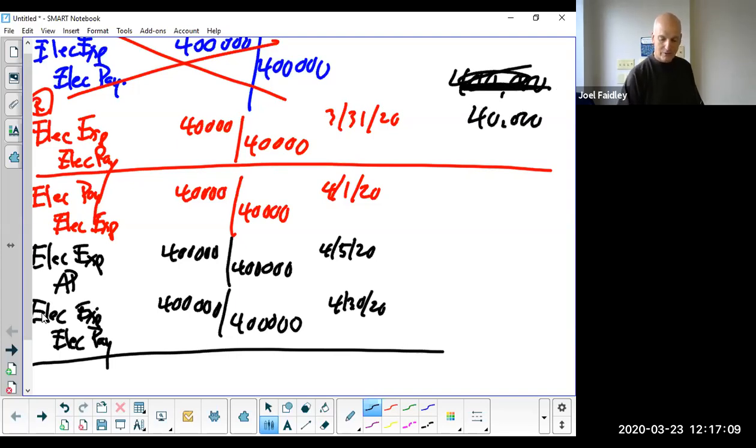I've got expense of $40,000 for the month of March. If you can just imagine up here at the top, what would have happened at the end of February and on the 1st of February, because you only accrued 40, you've got a $40,000 electric expense for the month of March.